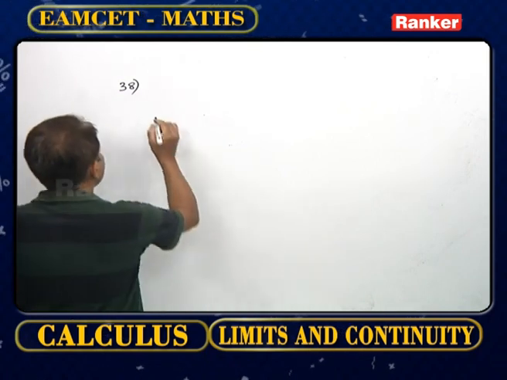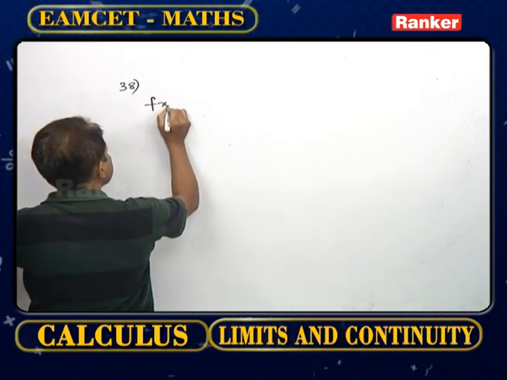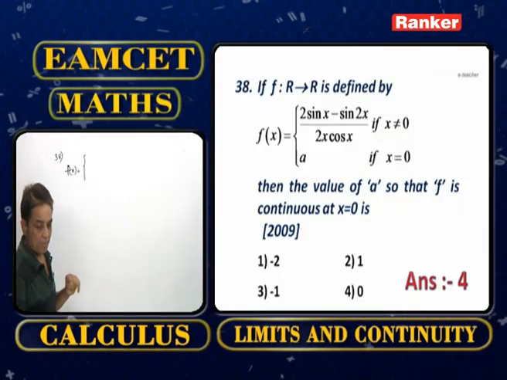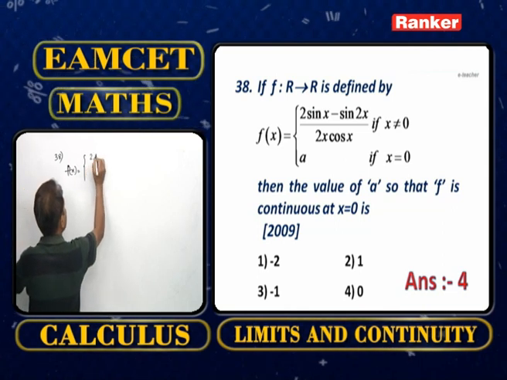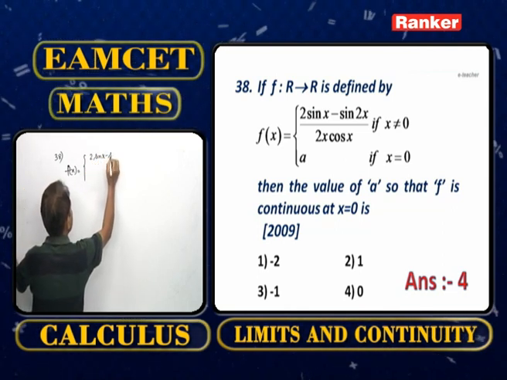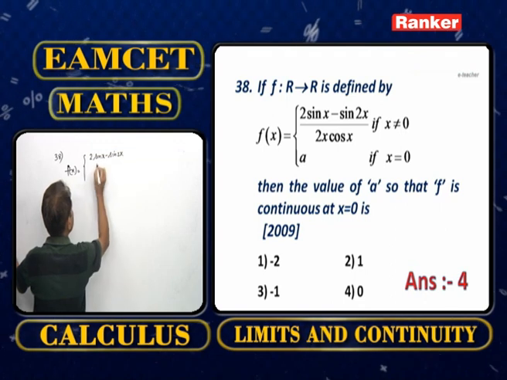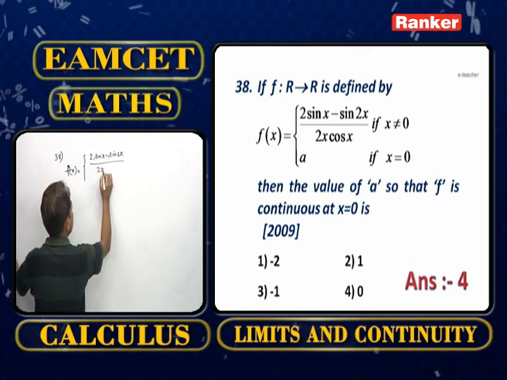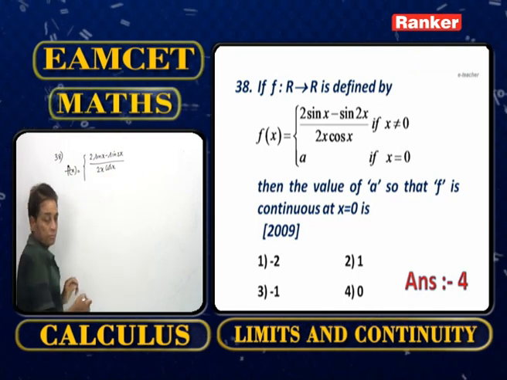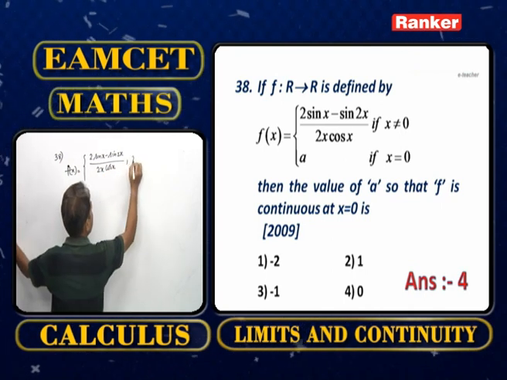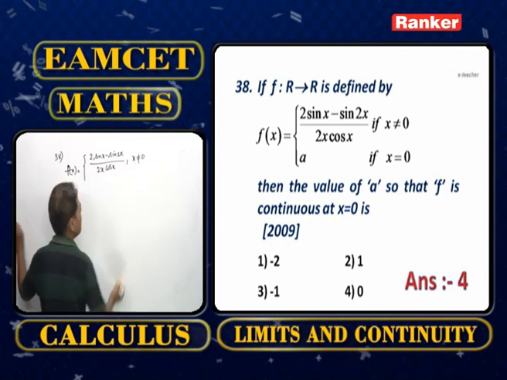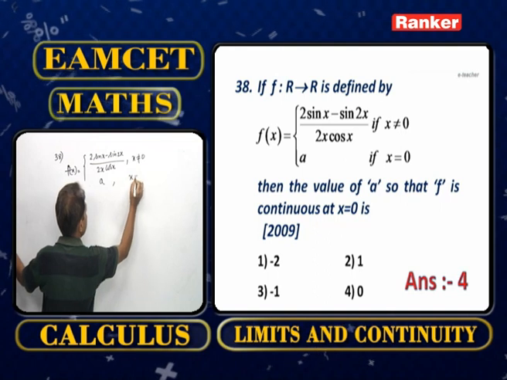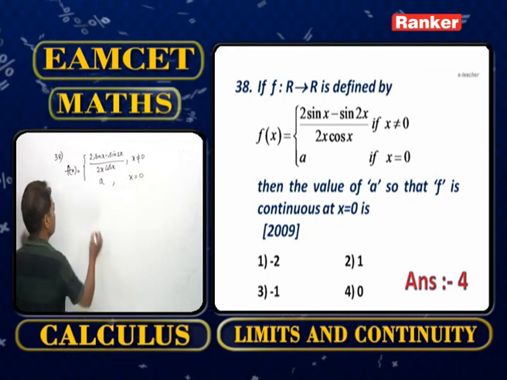Now, here the problem is given like this. f of x is defined as 2 sin x sin 2x by 2x cos x when x is not equal to 0, and when x is equal to 0, it is given as a.